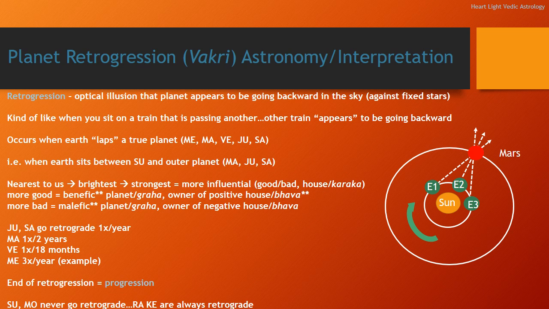Okay. So let's talk about Mercury retrograde a little bit to compare and contrast Vedic astrology with Western astrology. Now, again, I'm not an expert on Western astrology, but I have not heard this sort of interpretation of benefic or malefic planets and ownership of houses as having anything to do with Mercury retrograde.